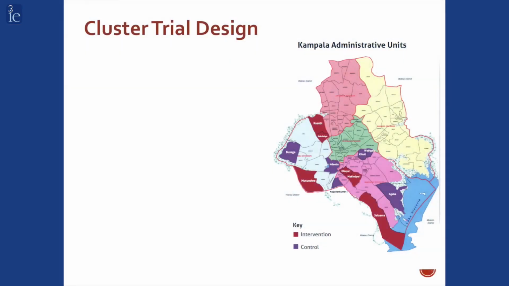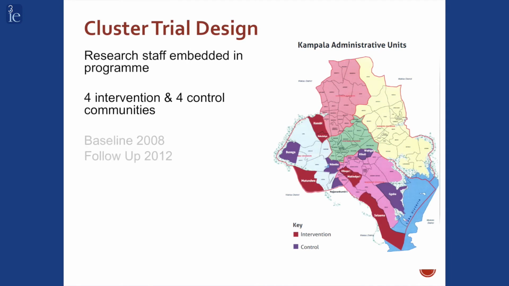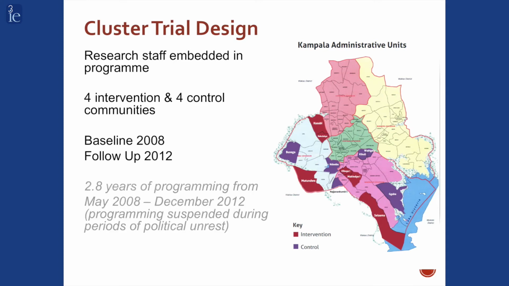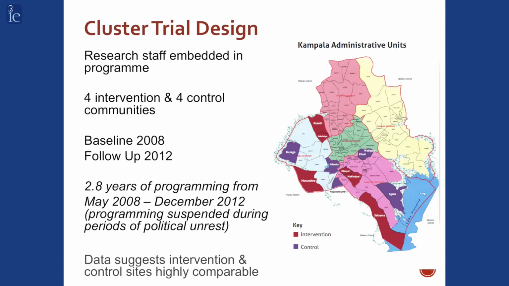The intervention was implemented in Kampala, and we very carefully mapped Kampala and identified pairs of communities that are very similar. We drew heavily on the NGO facilitators and community activists to help us map and understand the similarities and differences between those communities, so that in partnership we agreed on the pairs of communities that we then randomized to either getting the intervention or being waitlisted to get it at the end of our study.